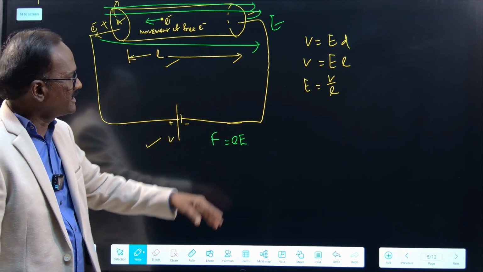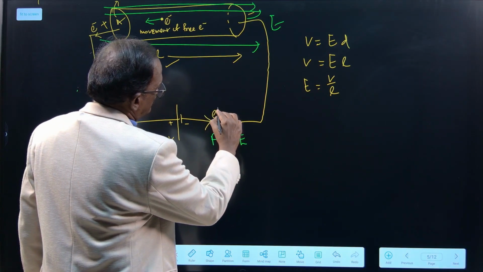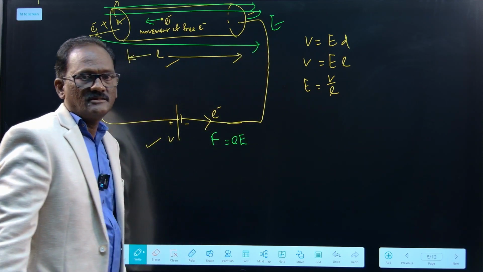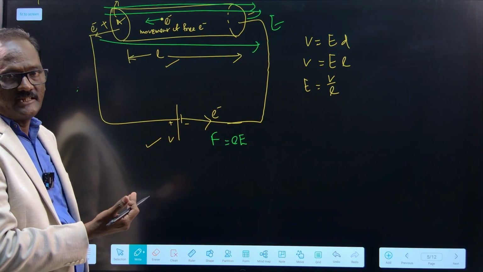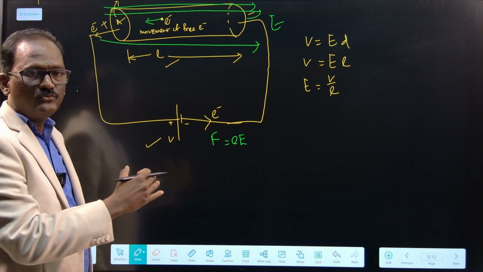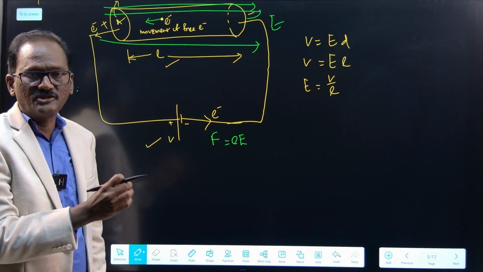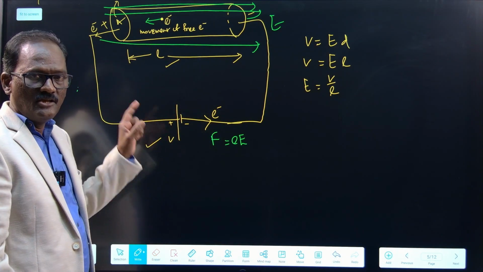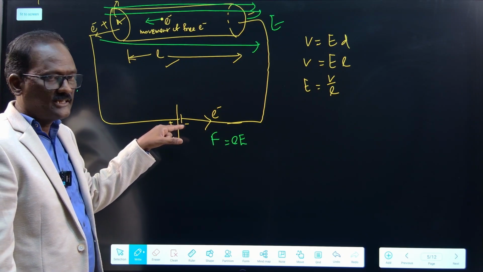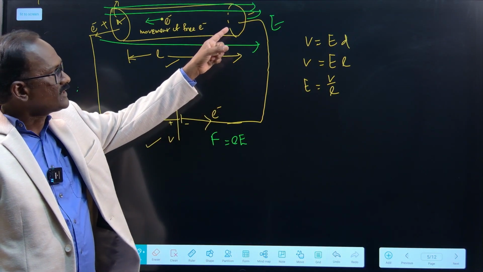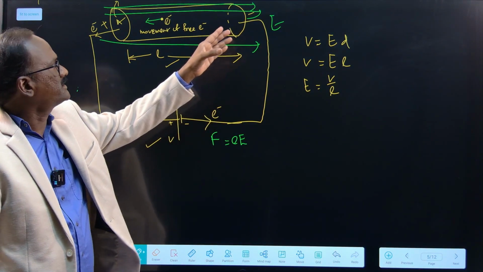It will push away the electrons. So this will again reach the right hand side end, right? So this is how the movement is established and this is how the current is constituted.